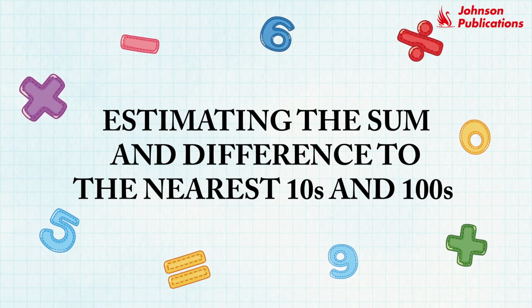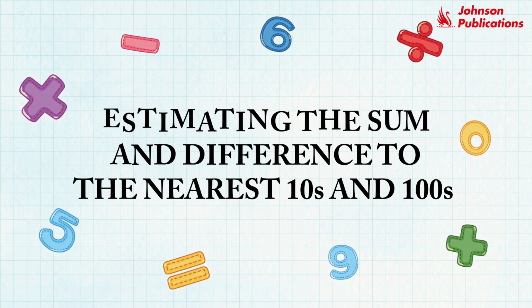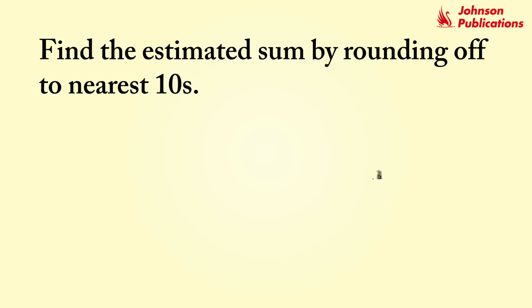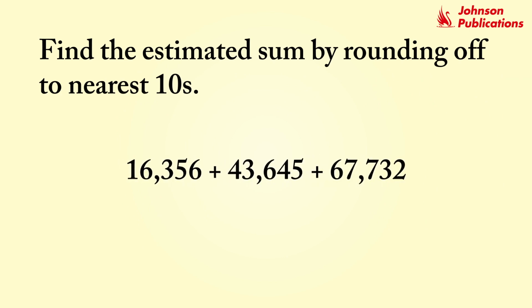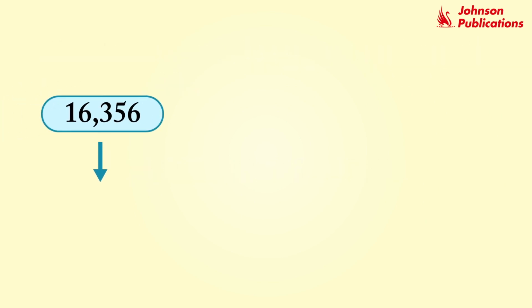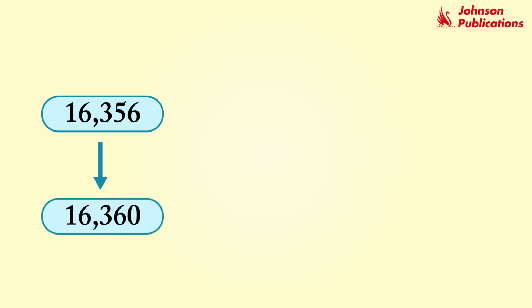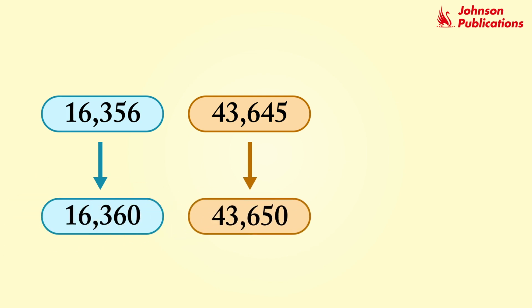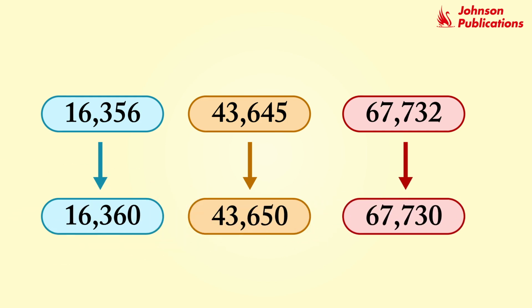Estimating the sum and difference to the nearest tens and hundreds. Find the estimated sum of these numbers by rounding off the numbers to the nearest tens. 16,356 can be rounded off to the nearest tens as 16,360. 43,645 can be rounded off to the nearest tens as 43,650. 67,732 can be rounded off to the nearest tens as 67,730.